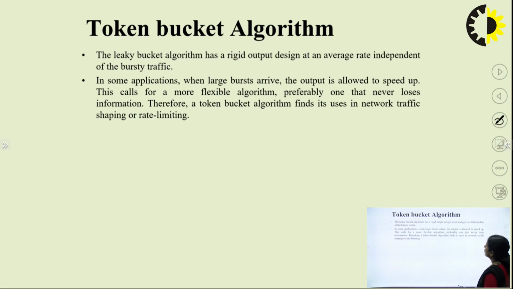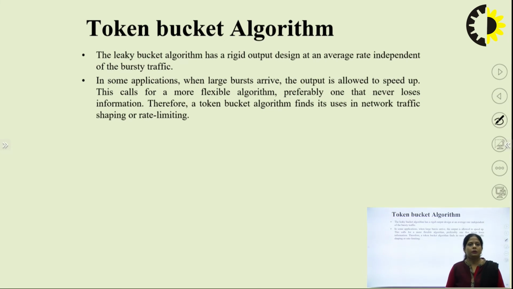The leaky bucket algorithm has a rigid output design at an average rate, independent of the bursty traffic. In a few applications, when a large burst arrives, the output is allowed to speed up, and this calls for a more flexible algorithm, preferably one that never loses information.